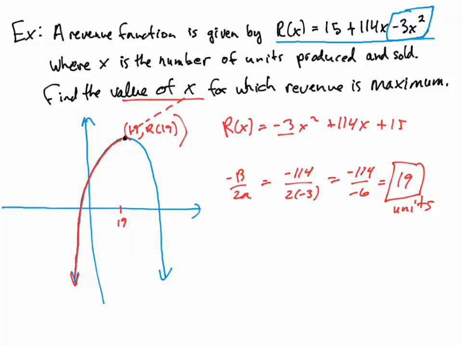However, for this particular model, perhaps if more units are produced and sold, the company has to hire more workers, or they need to move into a bigger building. So there may be other expenses that occur when more units are produced and sold. So it's a good idea to know where that maximum value is if you're trying to maximize revenue.